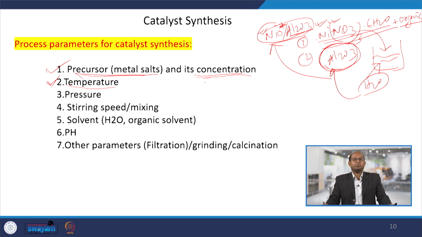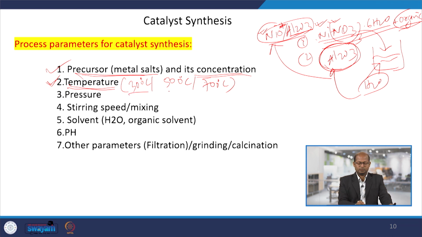Those organic materials sometimes we need to remove. So, we need to calcine that catalyst in the presence of oxygen or some other gaseous environment to remove those things. Then at what temperature we should do that is also important. Let us say 300 degrees centigrade we can maintain, 500 degrees centigrade, 700 degrees centigrade, any temperature we can fix. So, the temperature is one of the major parameters when we synthesize a catalyst.